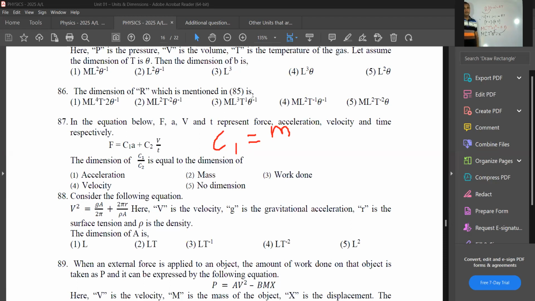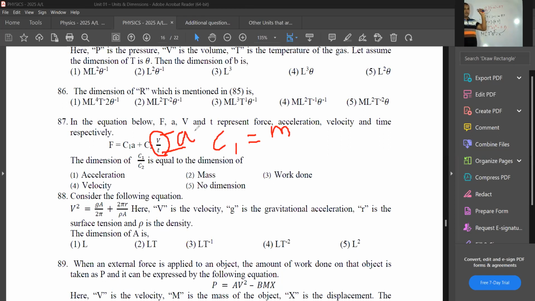Then again, look at this. V over T. V means velocity. This is a velocity and this is a time. Velocity over time means again it is the acceleration.